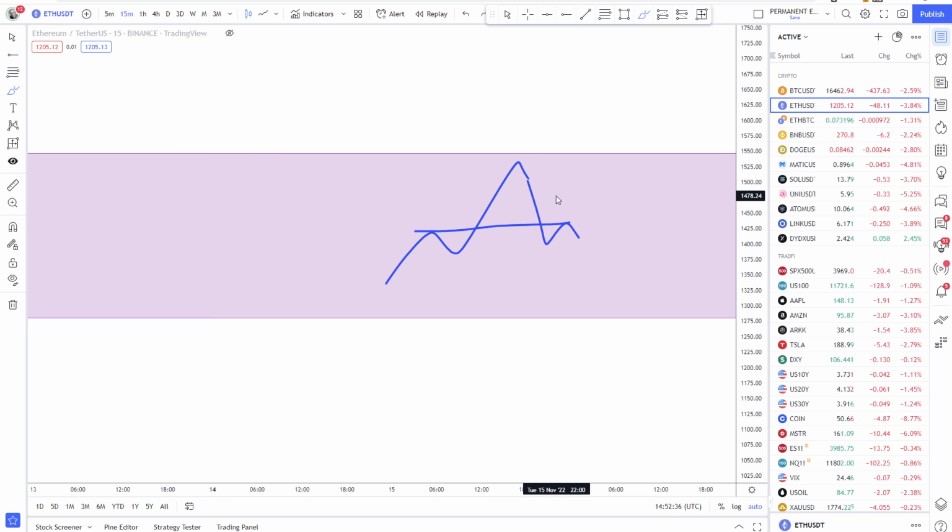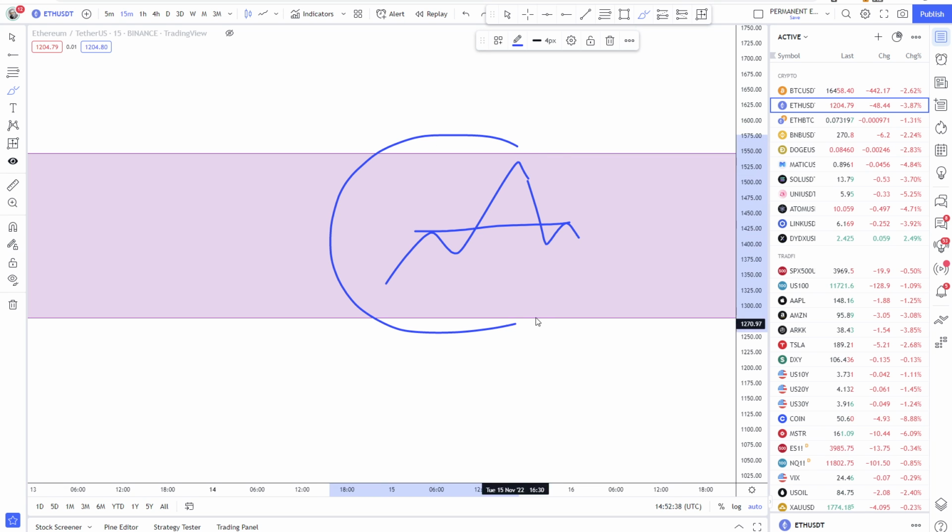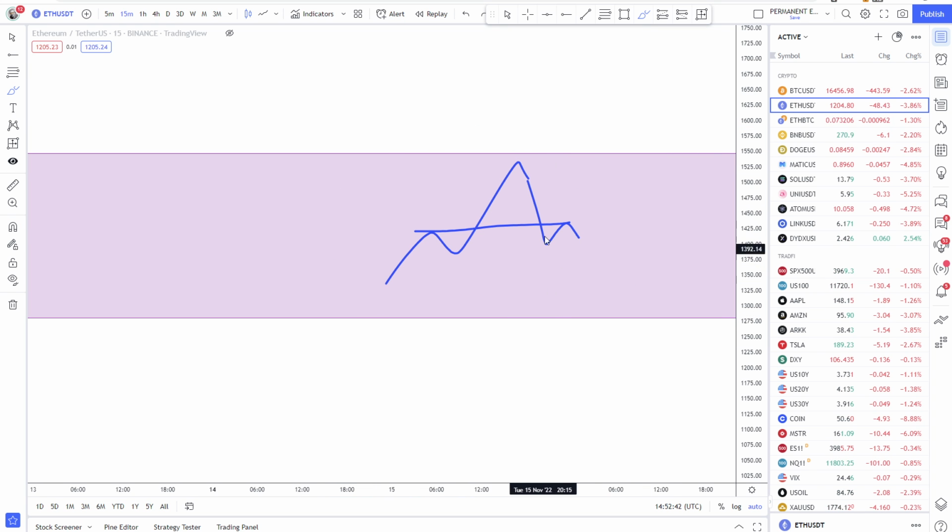The answer is you wait for a setup that's formed contextually, on lower time frames within a higher time frame zone, and it's the low time frame setup that ends up being the trigger for the larger idea. So if this is one of the setups that you trade, as soon as you see that form, within the boundaries of where you expect resistance in one form or another, that ends up being your entry trigger with the built-in invalidation.